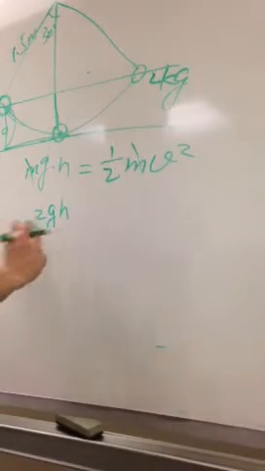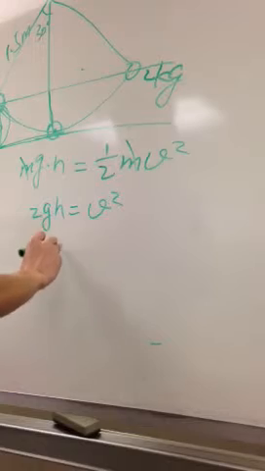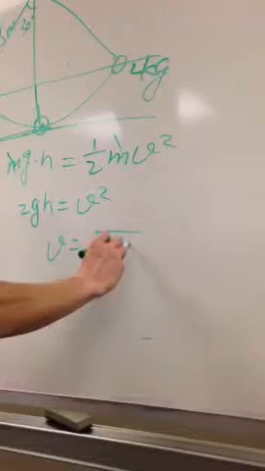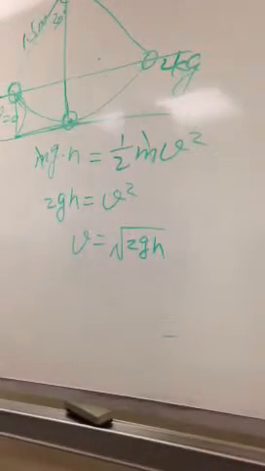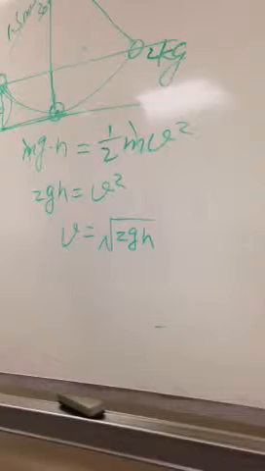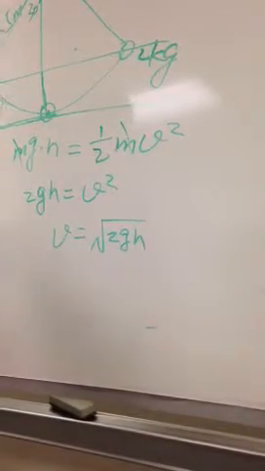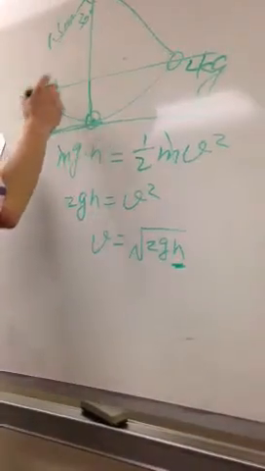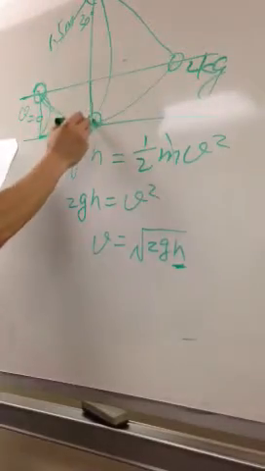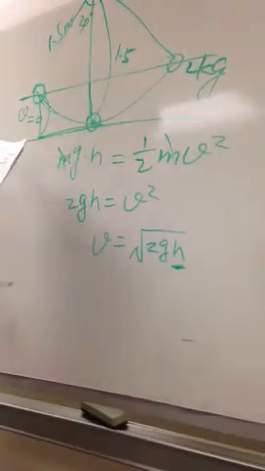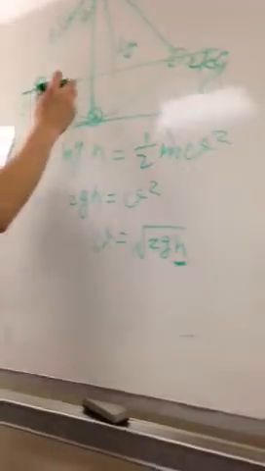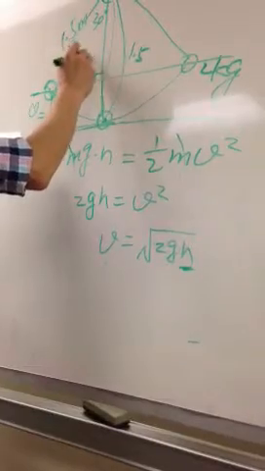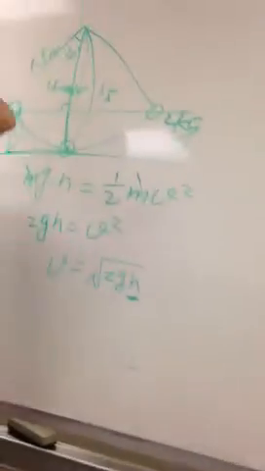I can move this one up here. And then this h is, because we know this line is 1.5, right? It's the radius. And then we know this line is 1.5 times cosine 30, right?